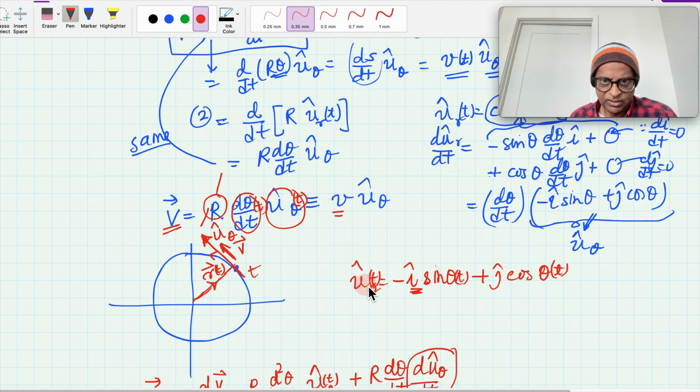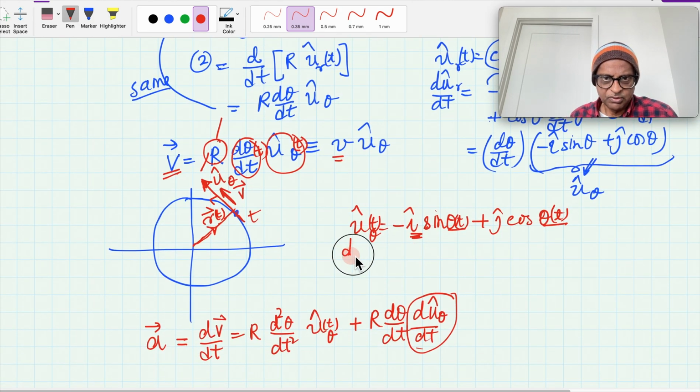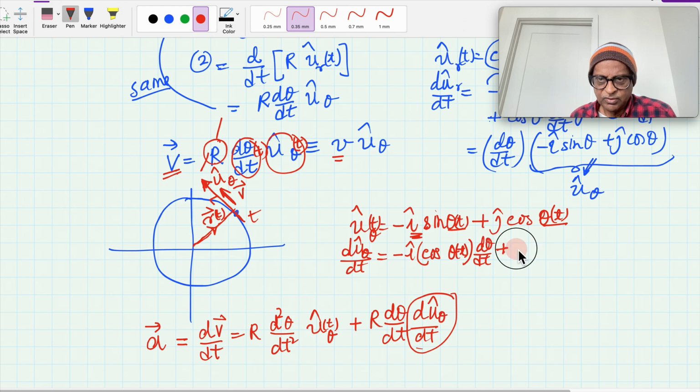So the t variable is only here and here. So if we take a derivative du hat theta dt, u hat theta is just the name of the whole thing. So it's going to be minus i hat cosine theta of t d theta dt plus j hat is going to be minus sine theta of t d theta dt.